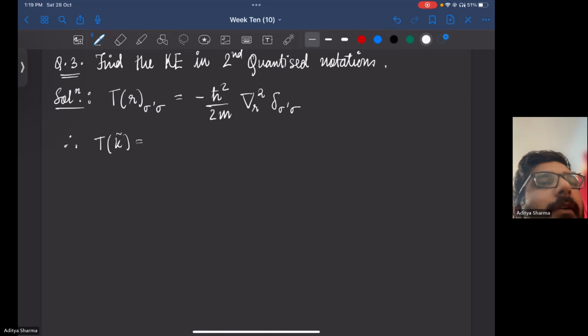Okay, let me write it in bracket notation.